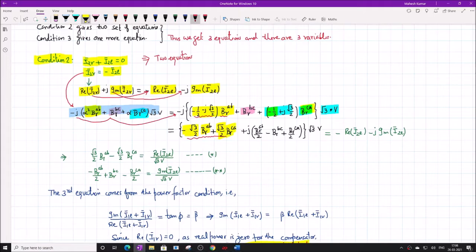And in this we collect the imaginary coefficient, plus j is here. So this is minus and minus plus, so they become plus here. So this is plus b gamma b by 2, and this is minus sign, so minus b gamma bc here. This is minus sign, plus into minus, and then minus j into minus half becomes plus half. So this is b gamma ca by 2.